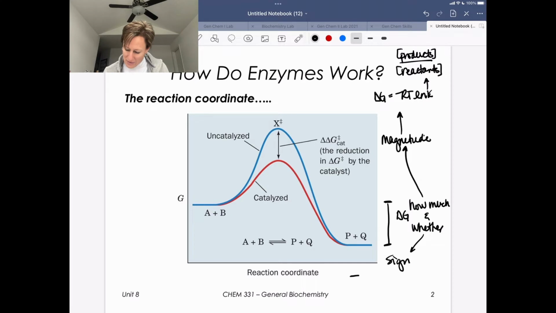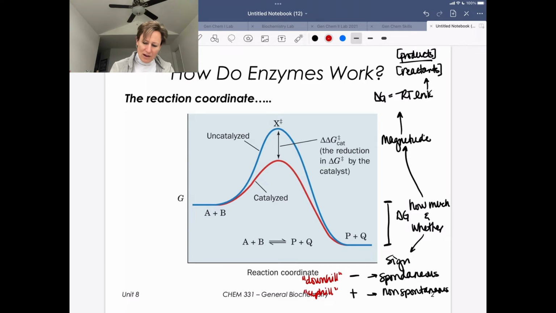So a negative delta G is a spontaneous reaction. We also could say that we define that as going downhill. However, a positive value for delta G, that is a non-spontaneous process. And we might define that as going uphill.